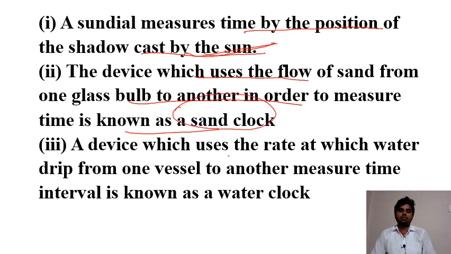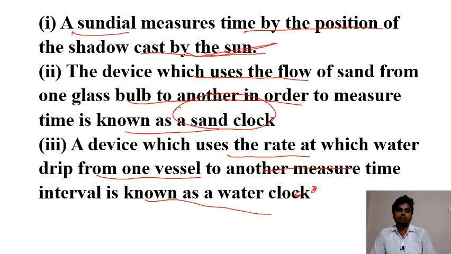The device which uses the rate at which water drips from one vessel to another to measure time intervals is known as a water clock. So you have to remember: sundial by the shadow method, sand clock by the sand method, and water clock by the dripping of water.